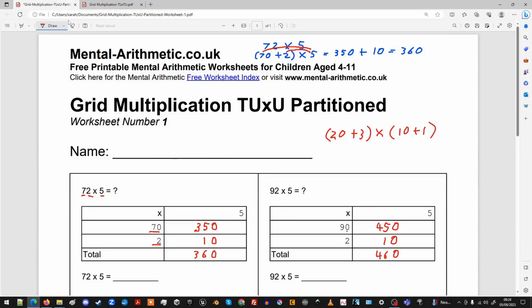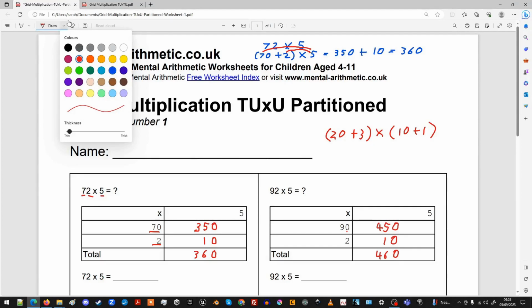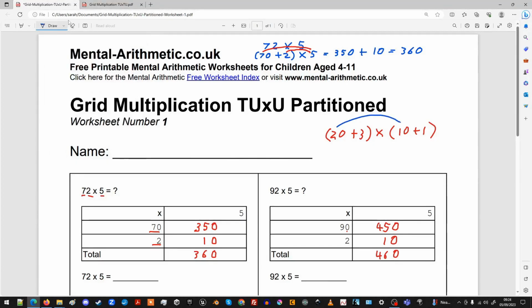But instead of writing 23 times 11, they write it out in brackets like this, breaking all the bits up. And then they do all of the bits of multiplication separately. The 20 multiplies those bits, and the 3 multiplies those bits. So it's a little bit like that, except in a grid form.